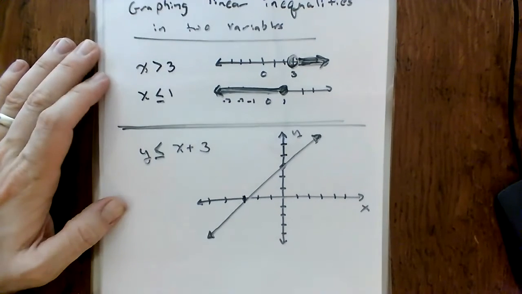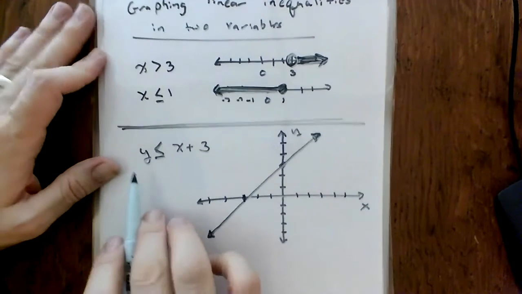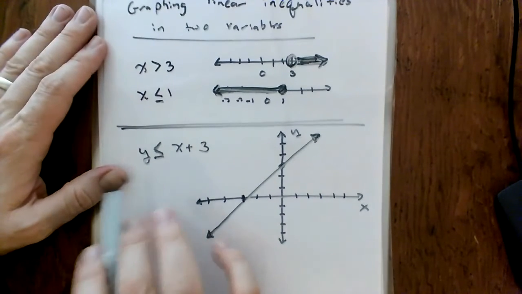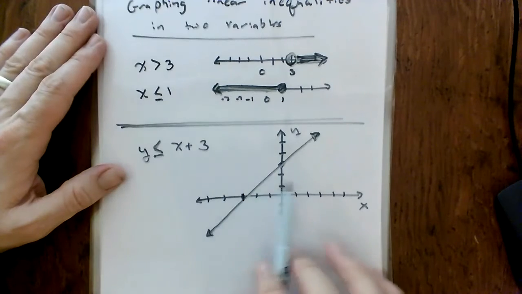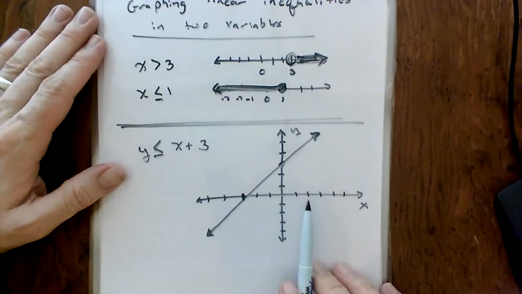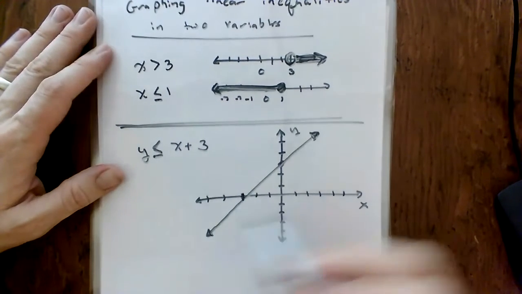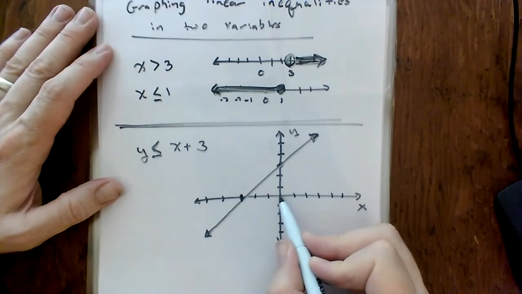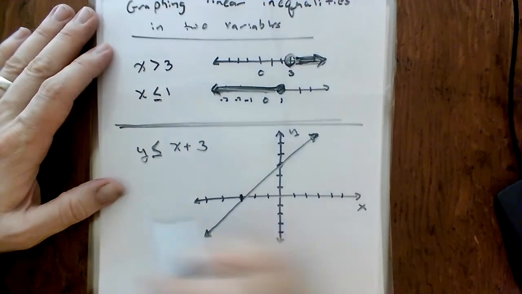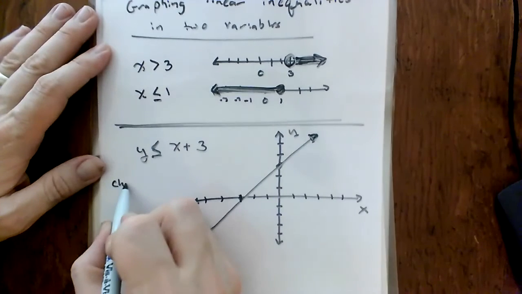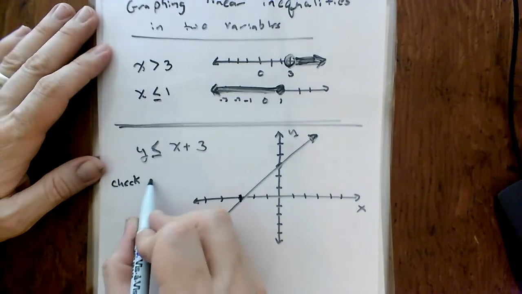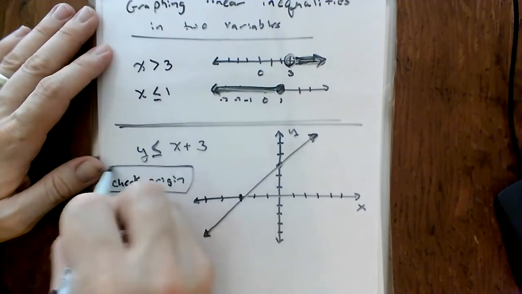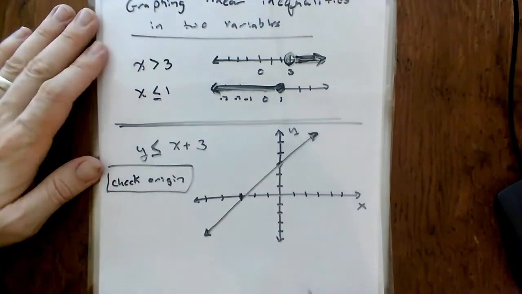And then we have to say, well, what if y is less than this x plus 3? So we have to figure out where we're going to shade this. And I always like to say one of the best places to try is check the origin, because the easiest values that we can plug in are 0.